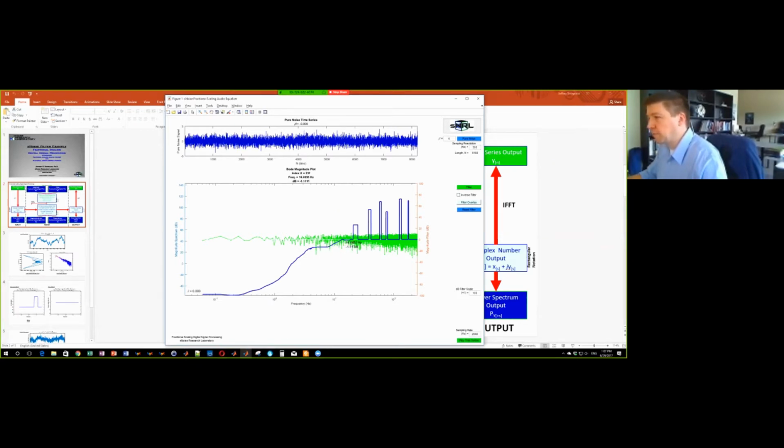So if I was going to filter this, you see that now I've created a new time series, and you can see that the filter exactly lines up with the shifted values of the magnitude spectrum that you see. And you can completely recover the original data set.